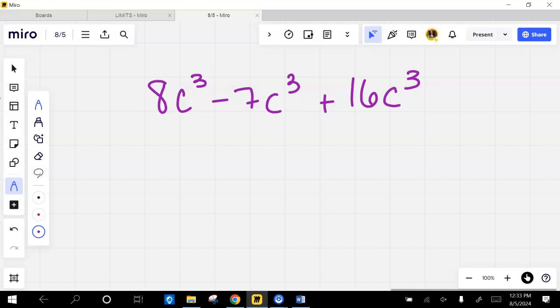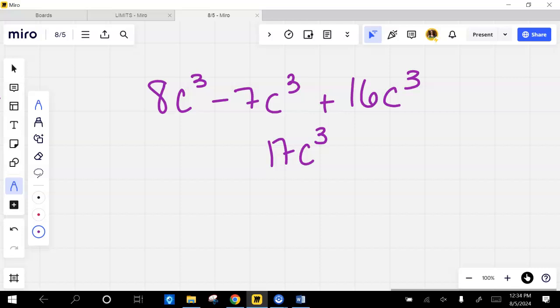Or I can do that in my head, I hope. What's 8 and negative 7? Careful. 8 minus 7, 1 plus 16. 17 what? There you go. 17C to the third. That one doesn't change. Everybody wants to change that one. Don't change that.